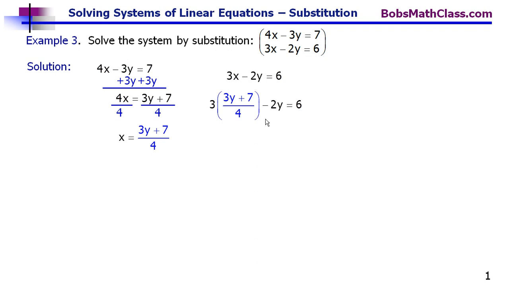Okay. Now this 3 is really 3 over 1, so we could distribute this 3 to the numerator. So 3 times 3y, that'll be 9y, and then 3 times 7, 21, all over 4. And then bring down the minus 2y equals 6.